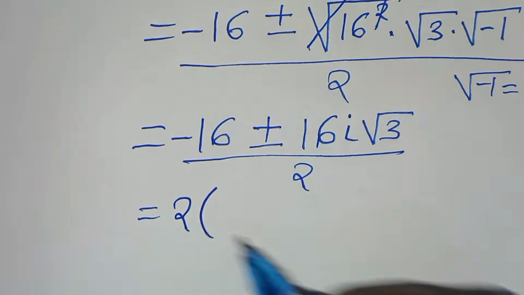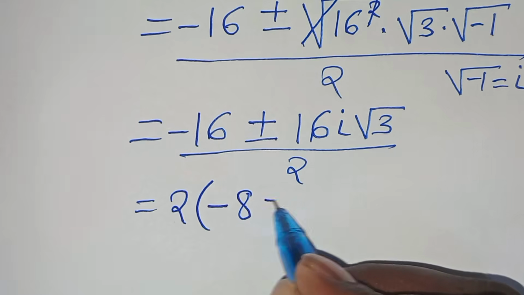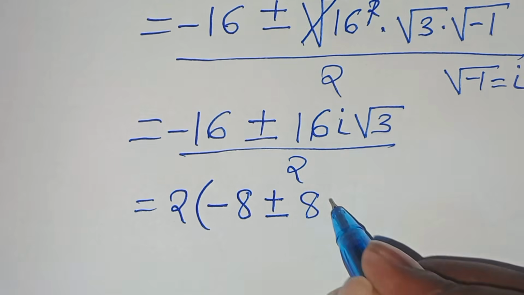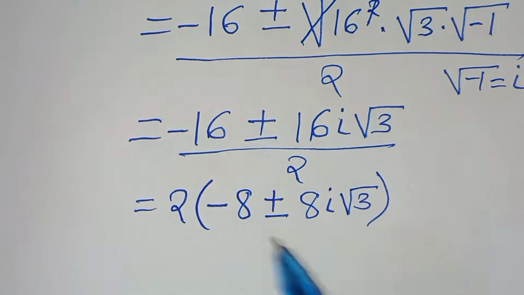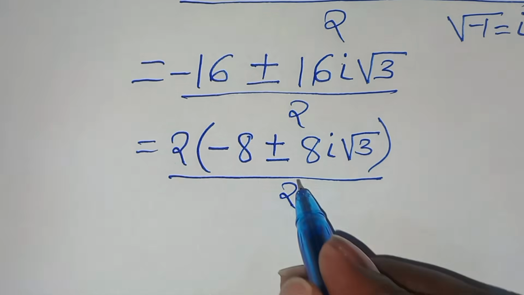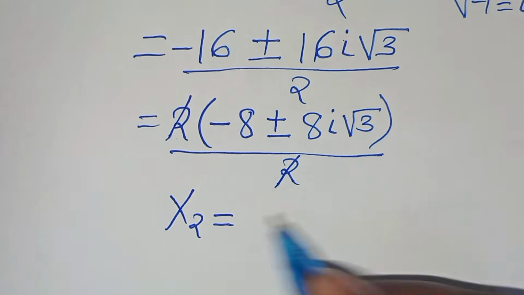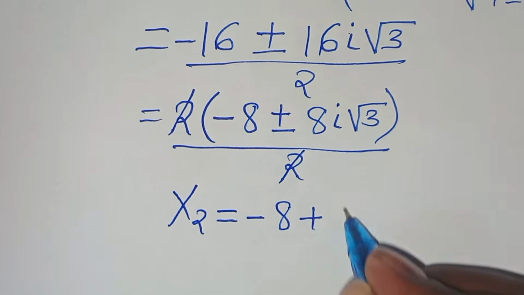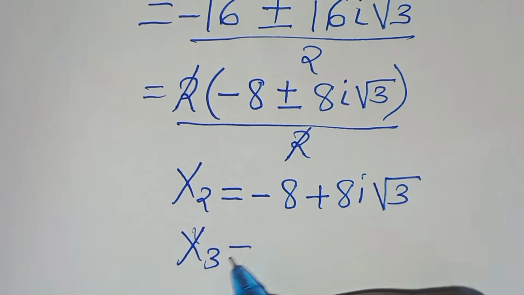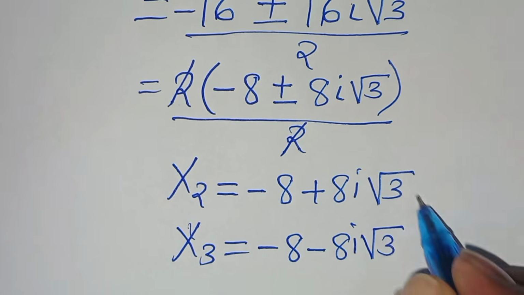Let's factor out 2, so that we have negative 16 divided by 2, which is negative 8, plus or minus 16i square root of 3 divided by 2, which is 8i square root of 3. So let's simplify 2 and 2 here so that we have x2 equal to negative 8 plus 8i square root of 3. Then we have x3, which is negative 8 minus 8i square root of 3.